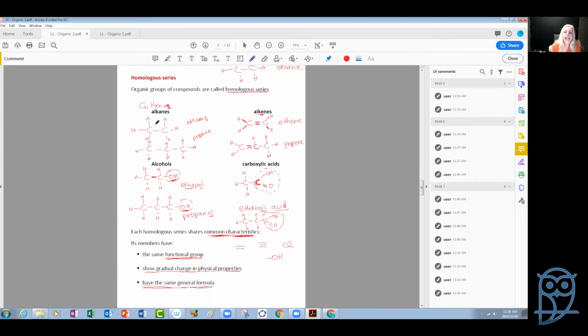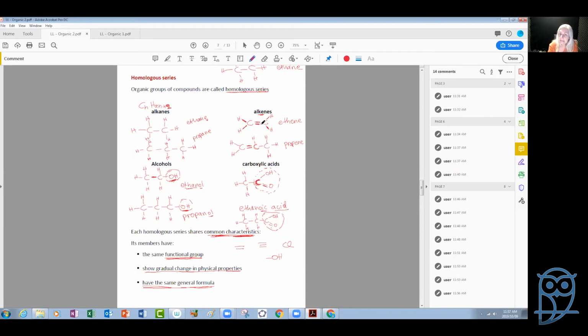For N equals 2, it's 4 plus 2 equals 6. So N, remember, is the number of carbons in the molecule. All of the alkanes will have the same general formula. For propane, N equals 3. So how many hydrogens are there? 2 times 3 is 6, plus 2, 8. So all the hydrogens of the propane are 8.